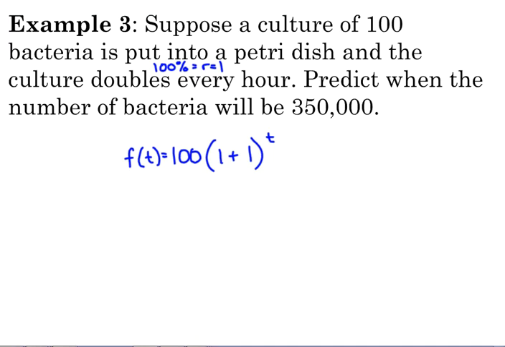It says predict when the number of bacteria will be 350,000. So that's what our model is going to equal. 350,000 is equal to 100 times 2 to the T, because 1 plus 1 is 2. What do we do first?